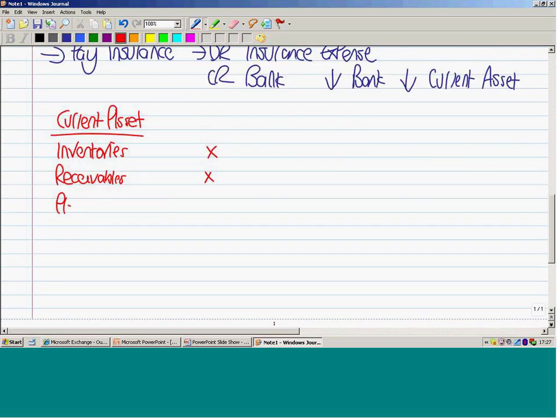Then we've got prepayments. We've got the bank. So if we think about this logically, what's happened here is in the financial year we've paid out the insurance, of which $5,000 relates to the next financial year. So all we've done is we've reduced the bank by $5,000. Putting that journal entry through and debiting the prepayment, we've actually increased the prepayment account by $5,000.